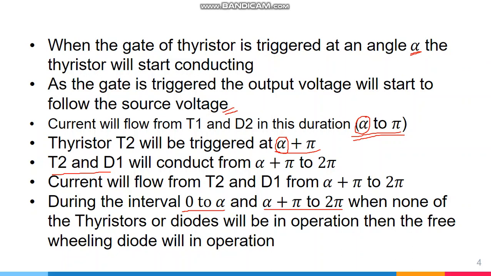That is when none of these thyristors or diodes will be in operation. In that case, the freewheeling diode will be in operation, and it will keep the current flowing from the load, and hence I can obtain output current throughout the time period.